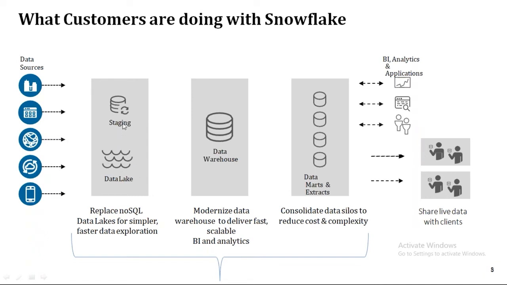Why are we using Snowflake as a staging location? Generally, for faster access, we store the data in NoSQL databases. Why? Because that is not a row-level approach, that is a columnar approach.